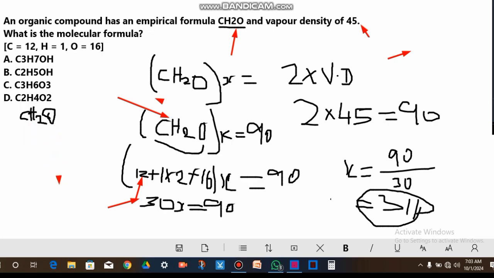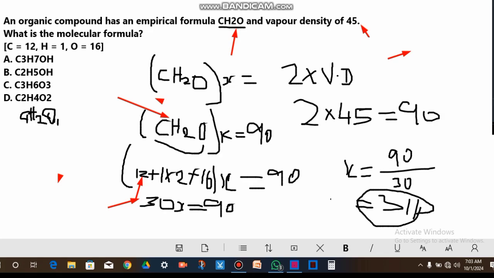Are you getting it? So what we need to do is to use this 3 to multiply those atoms. So the first one is carbon, right? So I said before, here we have 1. Here we have 1, oxygen too, we have 1 here.